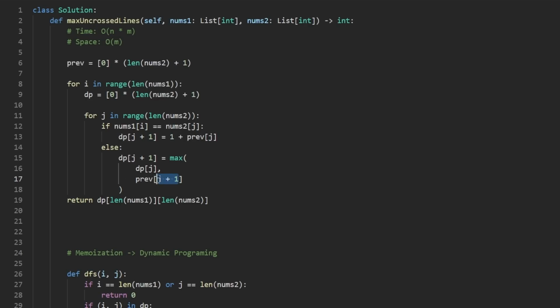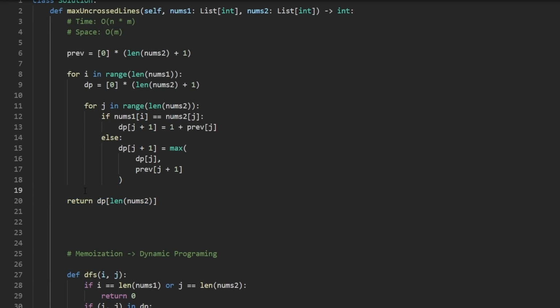In this case, j+1 stays the same because we're not moving to the left. We're just looking up above. Now, after that is computed, we know that dp will store the result in the last value of that array. So we can say dp at length of nums2 is going to be our return value.